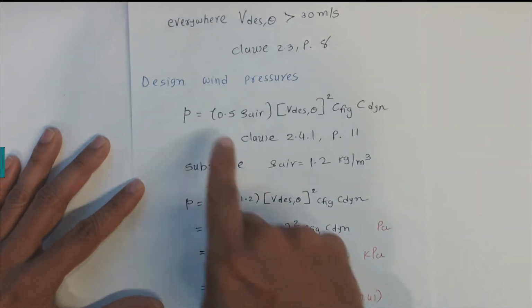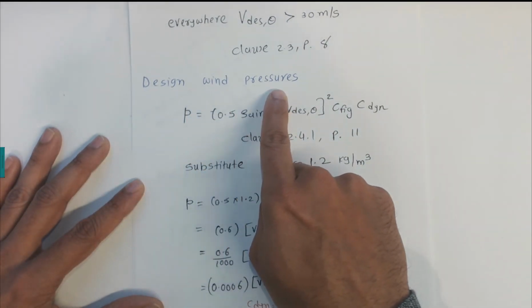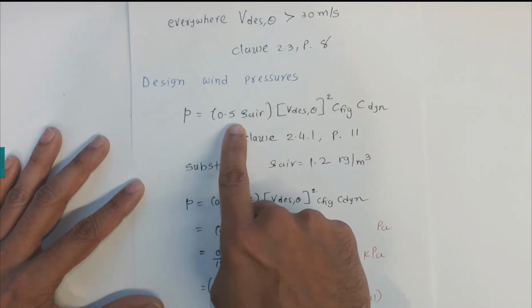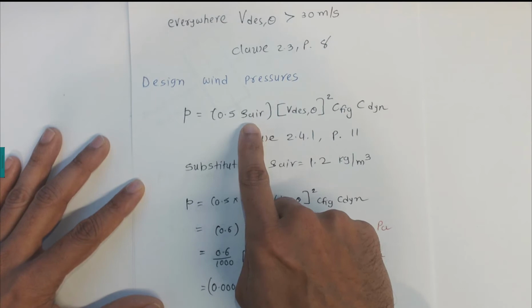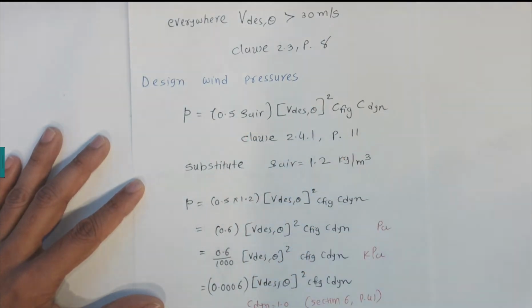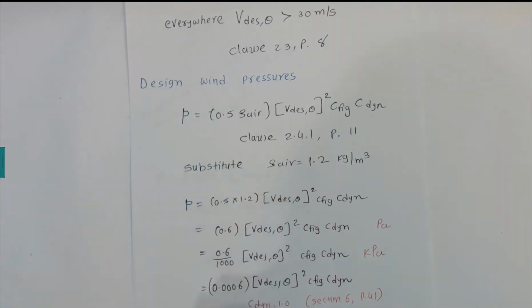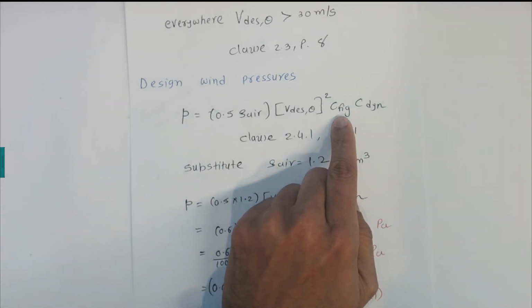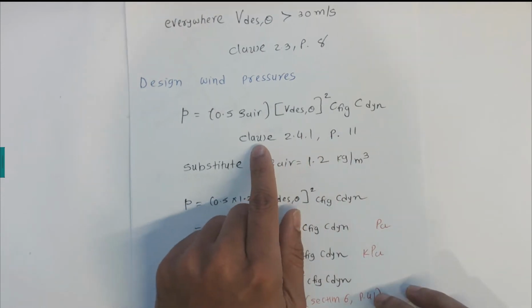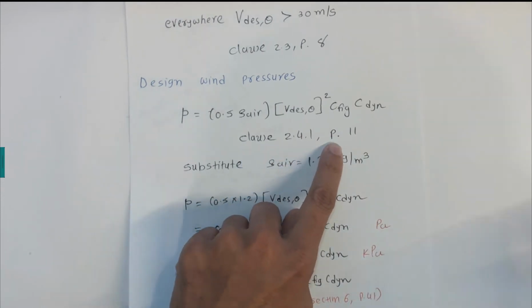Next, we would like to calculate the design wind pressures. The equation for design wind pressure is P equals 0.5 times the density of air, times the design wind speed squared, times the aerodynamic shape factor, times the dynamic response factor. This equation is given in clause 2.4.1 on page number 11.